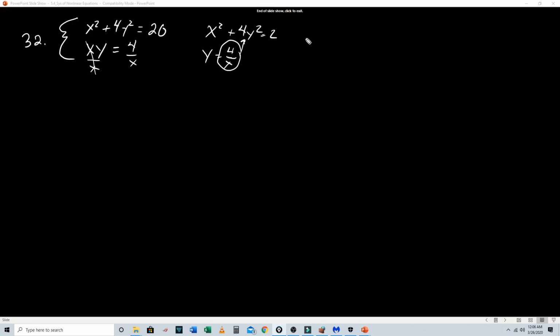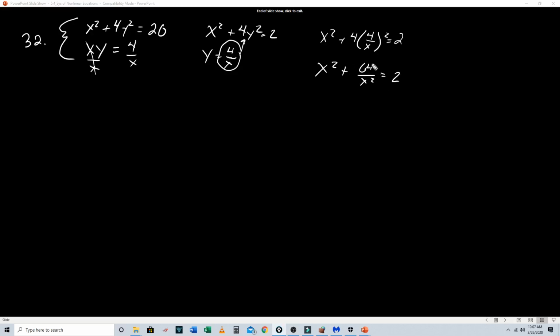Now that's going to give me x squared plus 4 times (4 over x) squared equals 20. Now when I square this and simplify it, I get x squared plus 16 times 4, which is 64, over x squared equals 20.